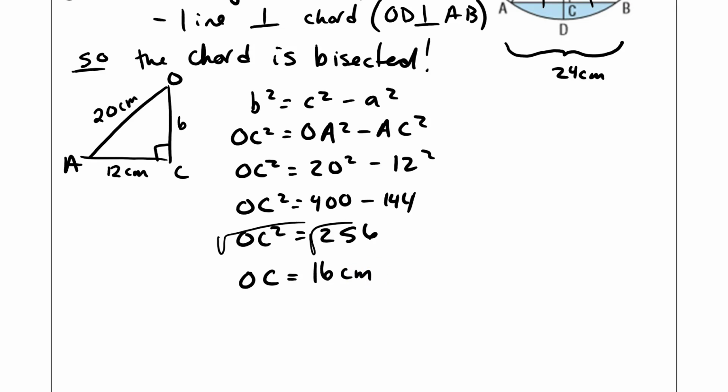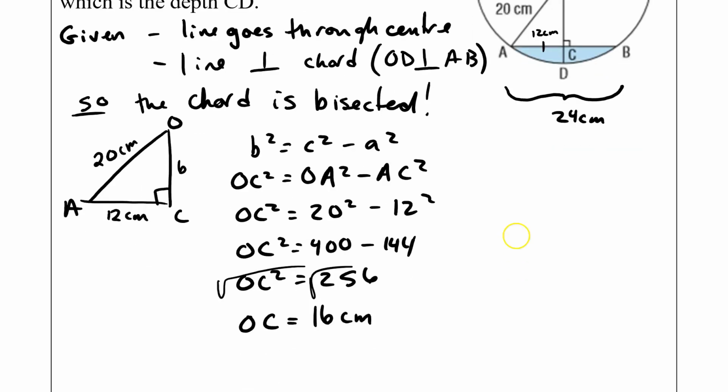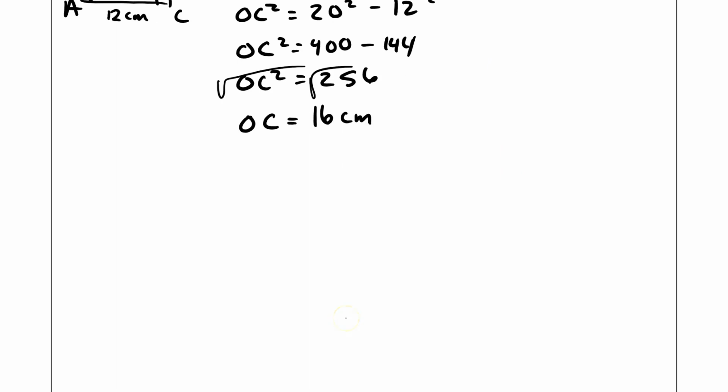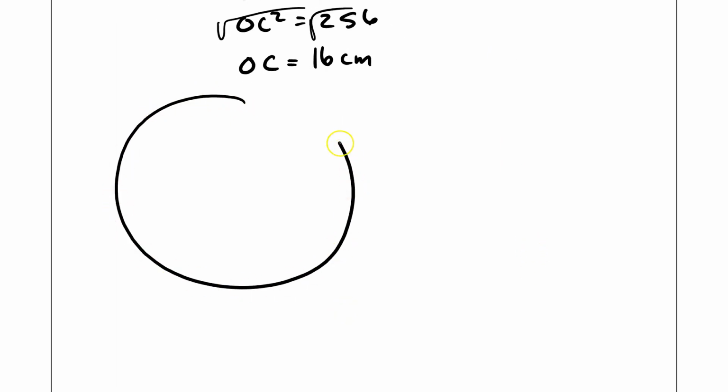Okay, so we know what OC is, but we need to figure out what CD is. But we're going to use the oldest trick in the book, and that's knowing how to use our radius in the right way. So I'm just going to redraw it, maybe a little bit bigger, definitely less perfect. I'm going to exaggerate a little bit.